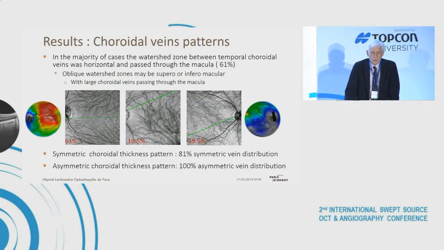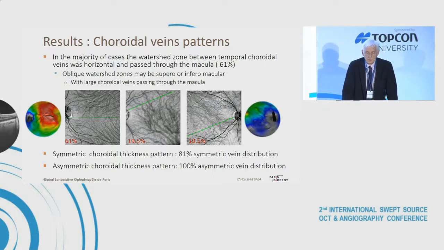And more specifically, in the majority of cases, the watershed zone between temporal choroidal veins was horizontal and passed through the macula in 60% of cases, but oblique watershed zones might be superior or inferior to the macula, with a large choroidal vein passing through the macula.